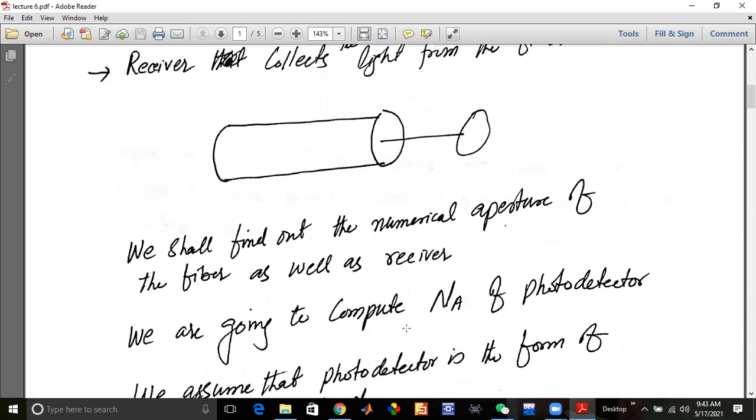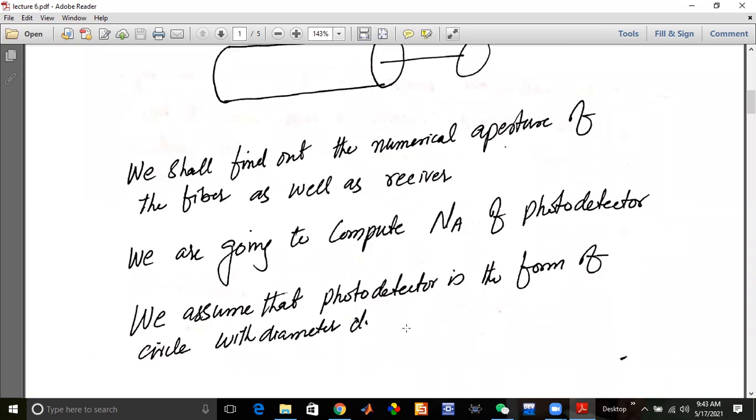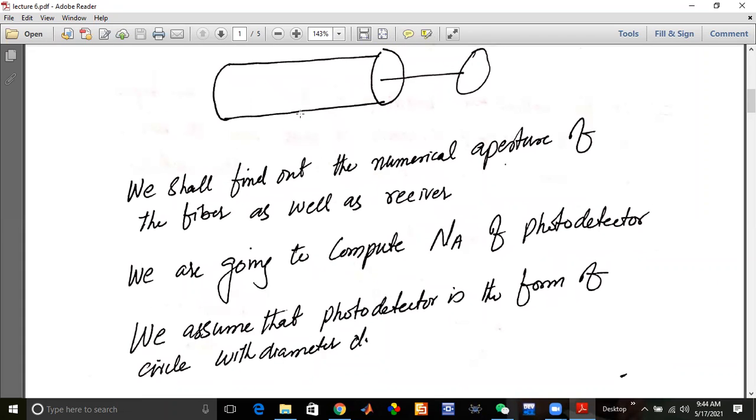We will calculate the numerical aperture for the photodetector, as the photodetector behaves like a receiver, and it will receive the collimated beam of light from the optical fiber.